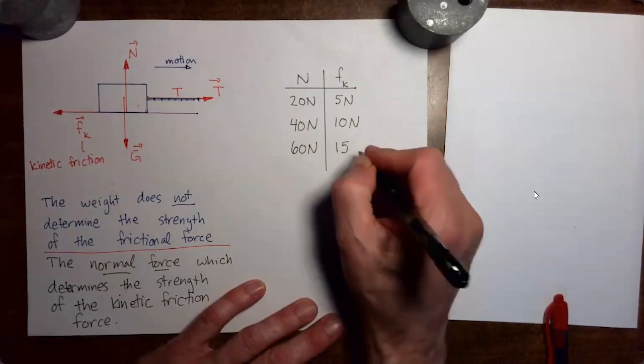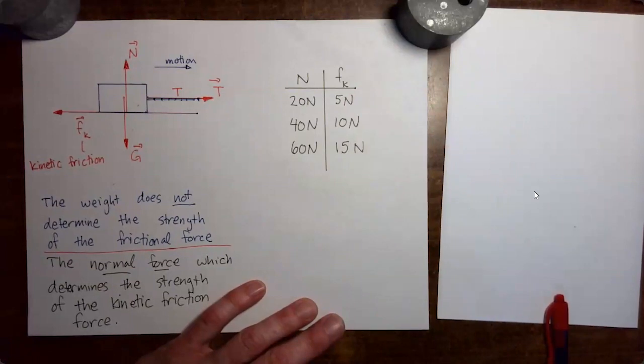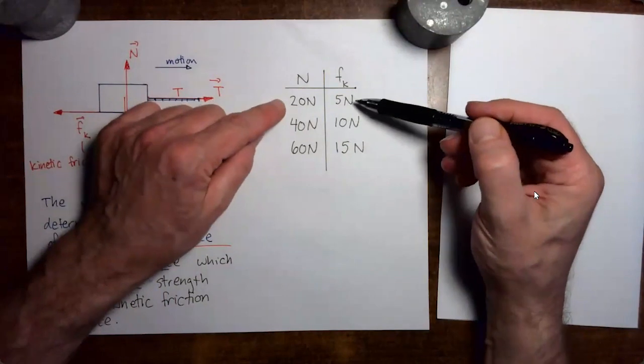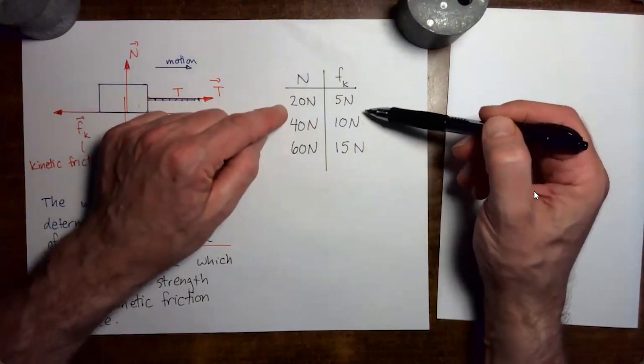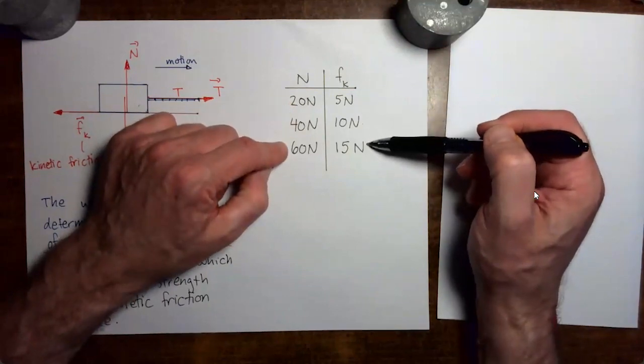So then the kinetic friction force would have been 15 newtons, as you saw in the video. So we see a pattern here. When we double the strength of the normal force, the frictional force doubles. When we triple the strength of the normal force, the strength of the frictional force triples.